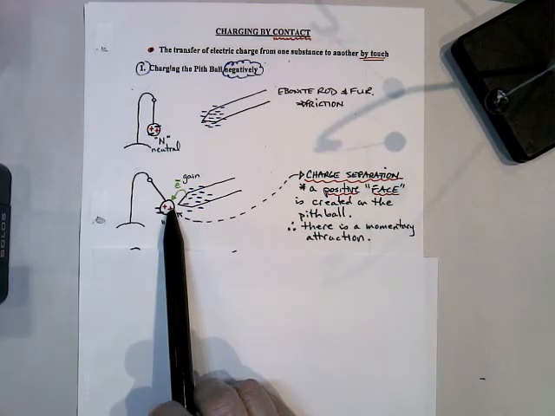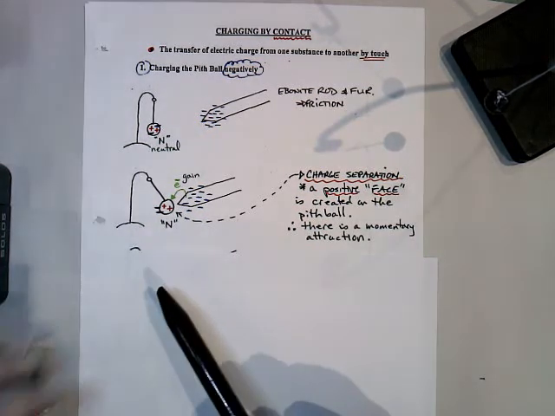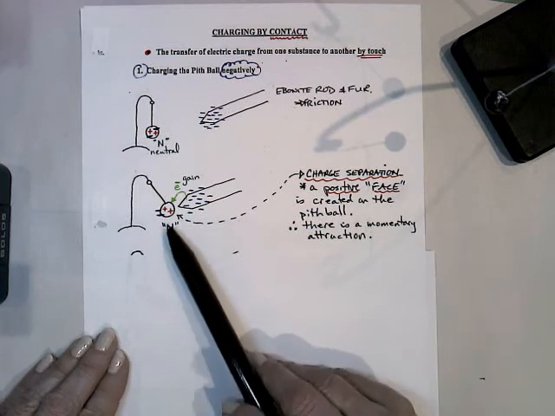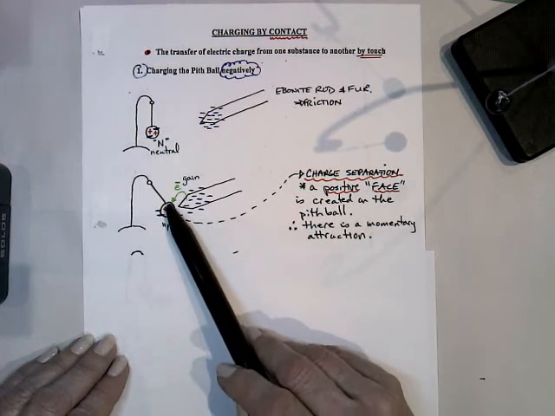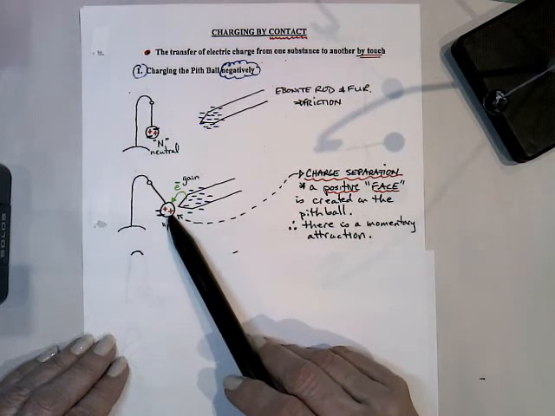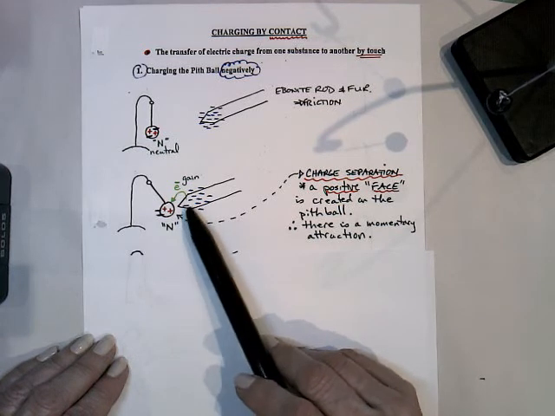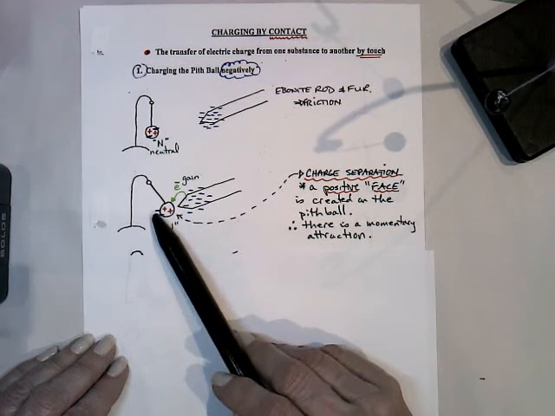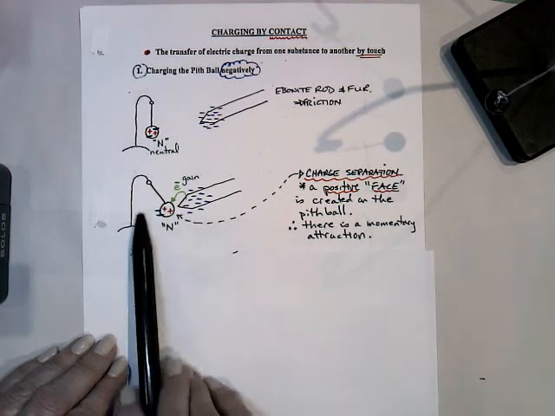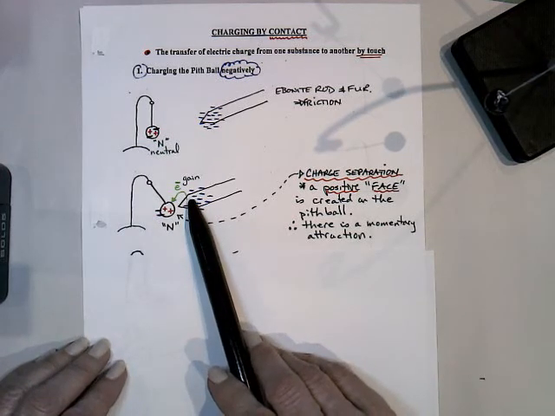Now remember, the positive charges from the protons, and protons are locked in the nucleus. They're not going anywhere. And so that creates a positive face. So the pith ball is still technically neutral, but you've created a charge separation. And so now you can see that the pith ball actually draws up towards the rod because it's attracted. And so there you go.